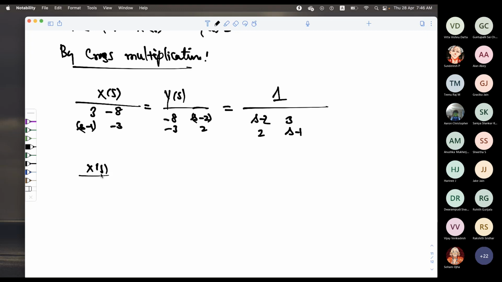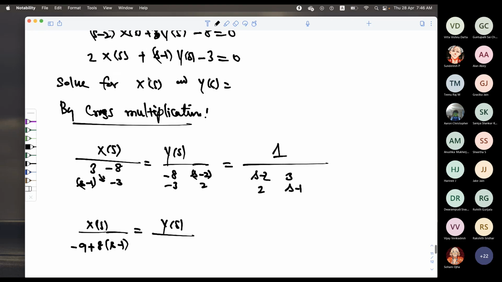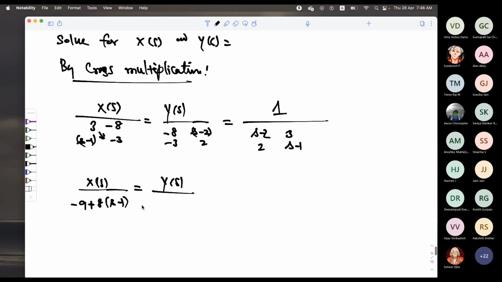So what is X(s)? X(s), just getting this minus 9, minus 9, this is minus into minus, plus 8 into s, s minus 1. Sir, is it clear? Yes, sir. So it is minus 16 and then plus positive 3 times (s minus 2) equals 1 divided by (s minus 1) into (s minus 2) minus 6.